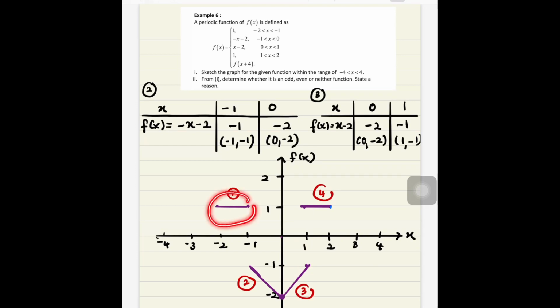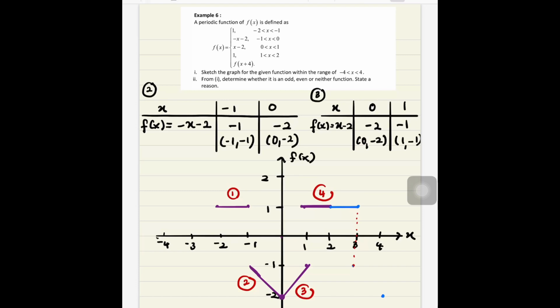As you can see here, this is a straight line, so you will have a straight line here. If you want to do the dotted line, this will be your dotted line. Stop here, so this is your new point, and another one is here.